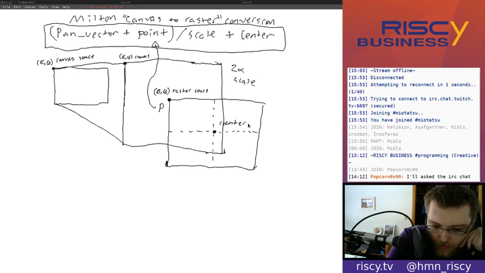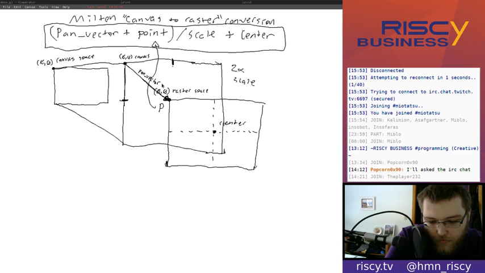So I'm trying to make sense of this. I'm thinking the pan vector would be basically this vector right here. Right, and then because it's 2x, that's the scale.